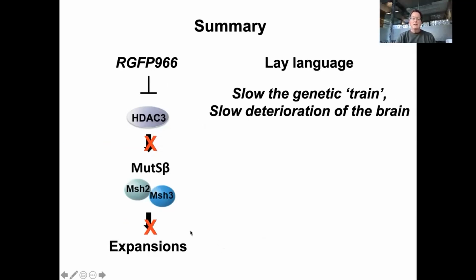So in lay language, if we think about these expansion mutations as an out of control genetic train, basically an ongoing mutational problem that's out of control, the idea is if we can slow down that runaway train, we can then slow the deterioration of the brain in HD. At least that's what we hope to do.